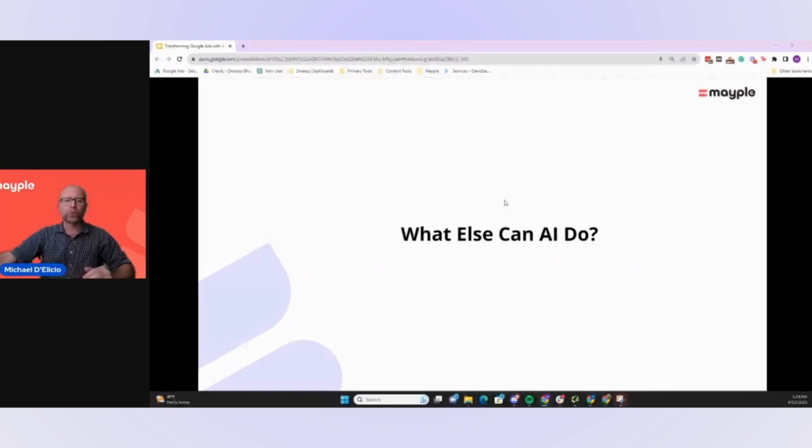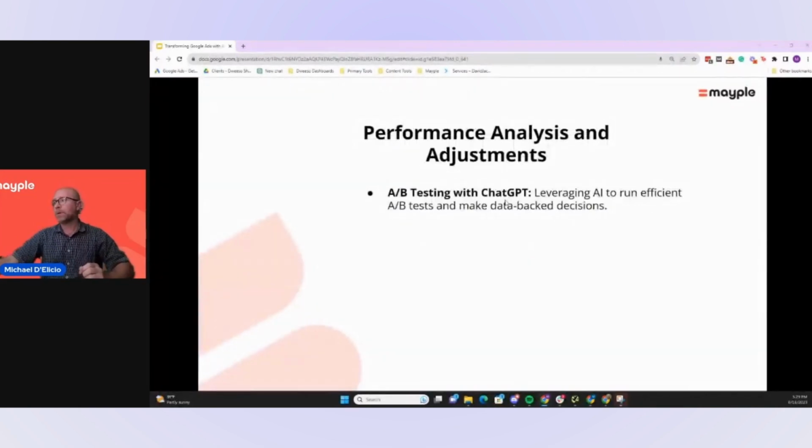I want to go through a couple of the more exciting things, at least for me and my team, of what we are looking to use ChatGPT for and other AI. One is to use it for A/B testing. So leveraging AI to run efficient A/B tests and making data-backed decisions.